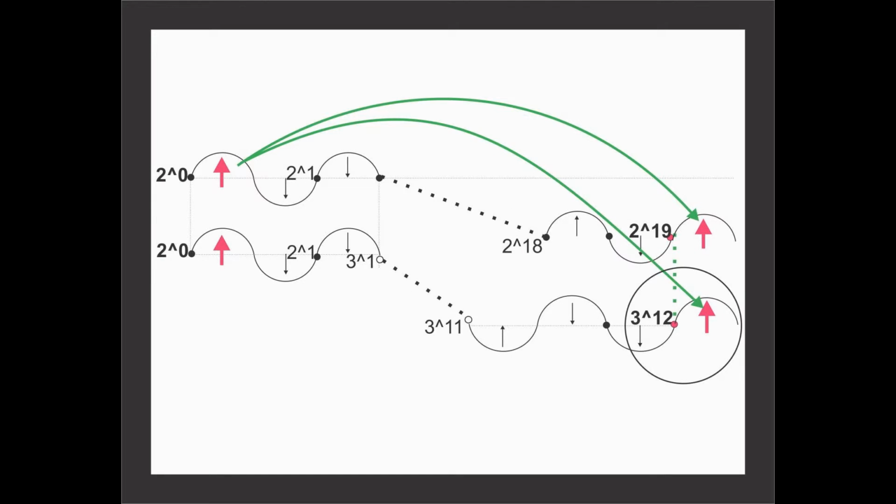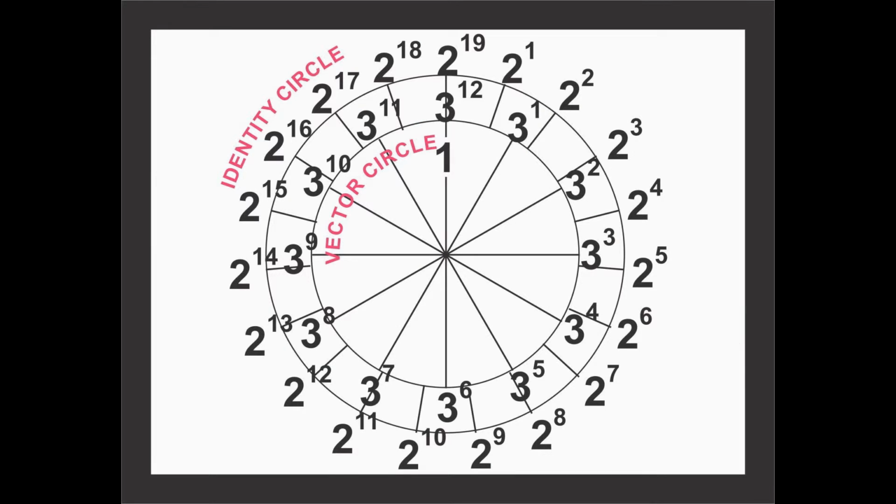At the 12th multiple of 3, the node of the wave approximately aligns with the node of the 19th multiple of 2, and both vectors have the same up orientation as the reference 1 vector. This means that the vector power series completes a circle relative to the number 1 identity series, which defines a new and fundamental ordering of spacetime.